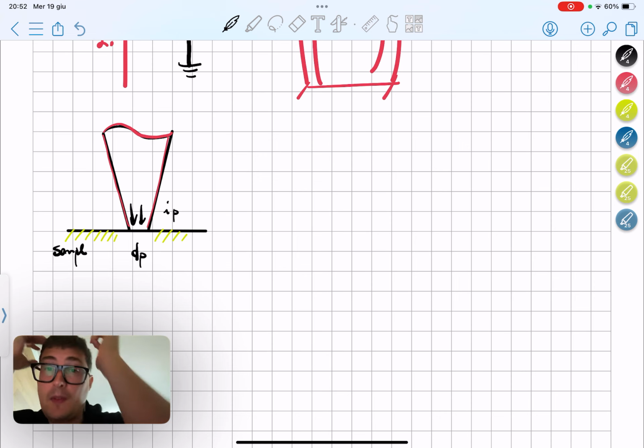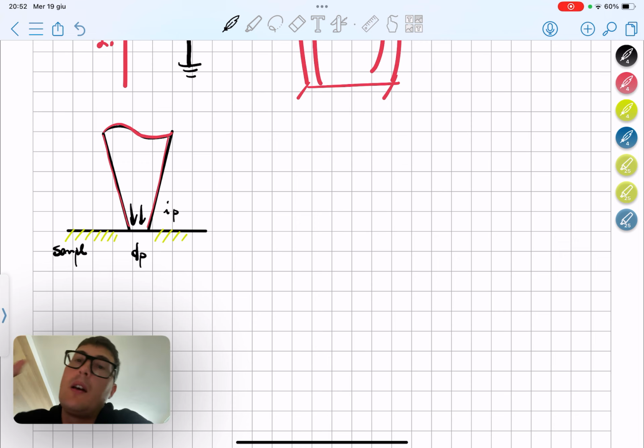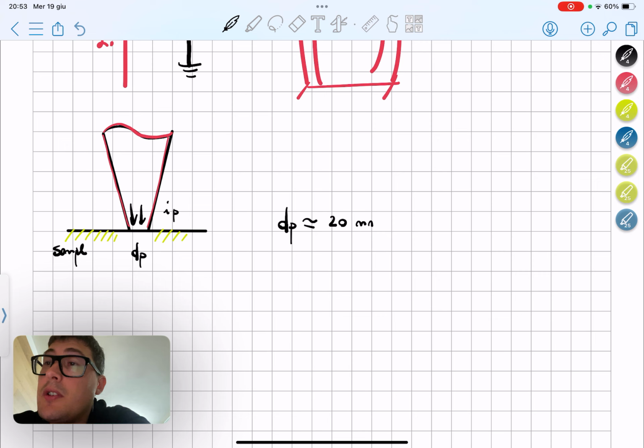If we decrease the spot size, inevitably we will also decrease the current, and a low current will not be beneficial for our imaging, because we need to find a proper balance between the two. For example, just to give you some numbers, a right balance would be a spot size of roughly 20 nanometers with a probe current of something like 5 picoampere. That will be a nice balance between the two.